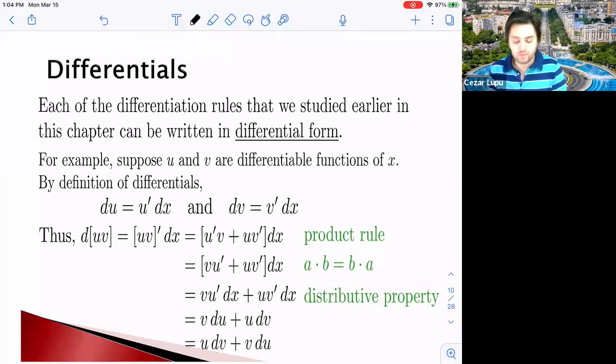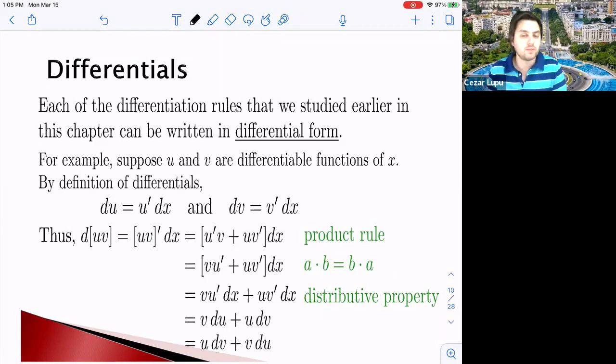So for example, let me give you the example of these two functions, u and v. These are differentiable functions of x. And by the definition of differentials, du is u prime dx, and dv will be v prime dx.